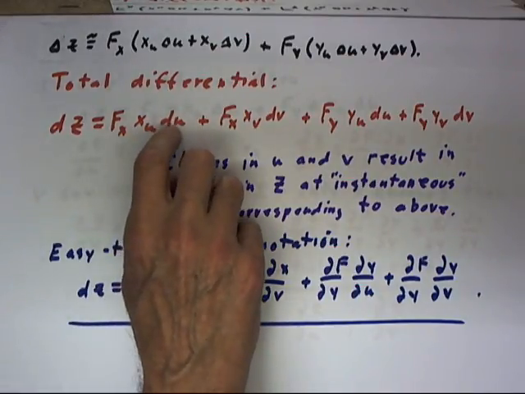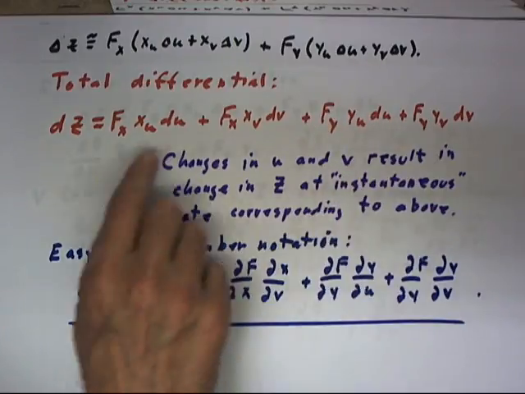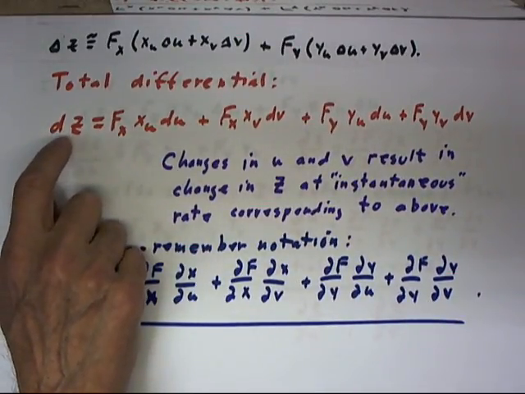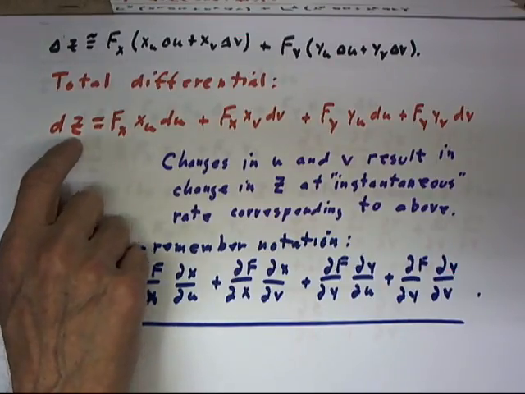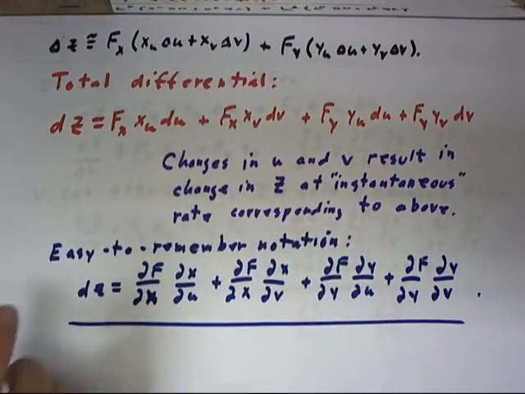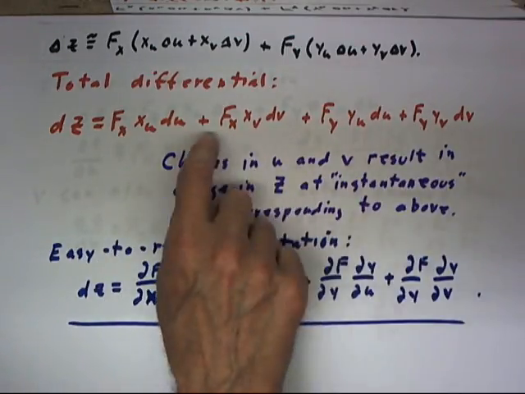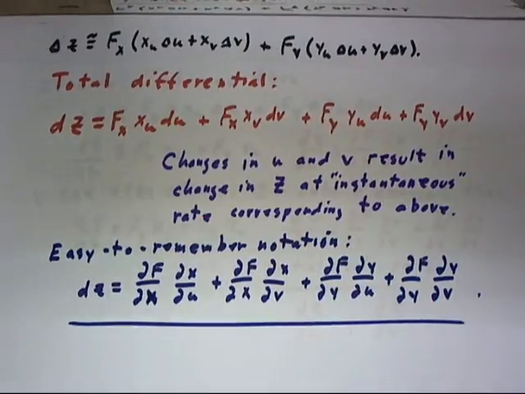If we plug in finite changes in u and v, we're going to get a good approximation to a finite change in z, provided that the u and v changes are small, and provided also that all these derivatives are reasonably well behaved.